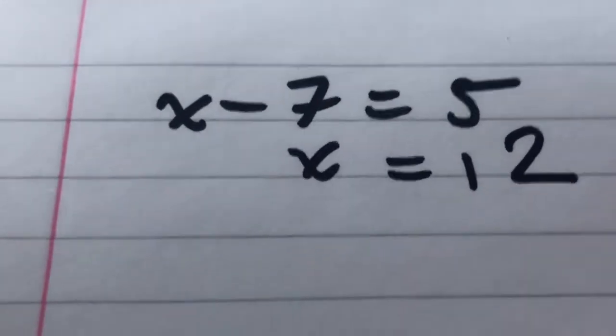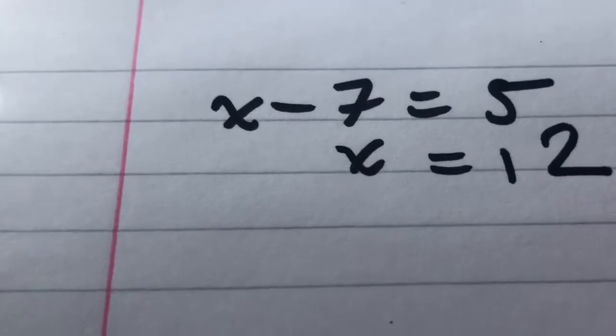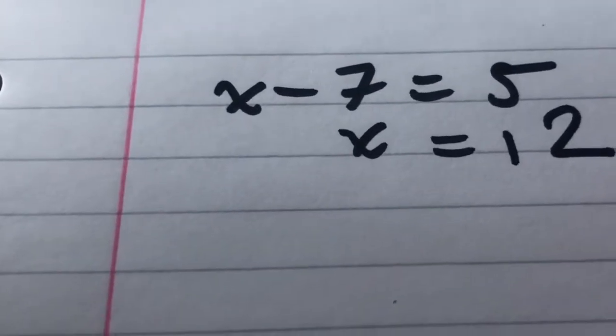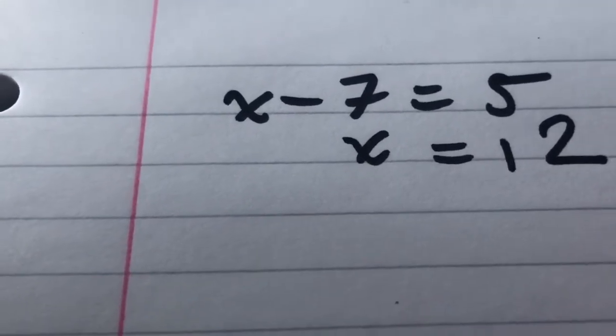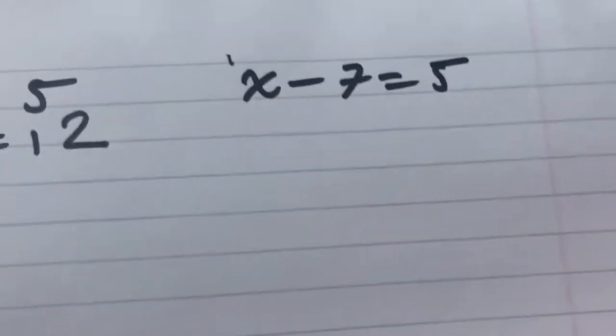Now, what I've said to you in class is, if it helps, if it's complicated, you can move things from one side of the equation to the other, provided you change the sign in front of it. So if you were less sure about that, you could start with the same thing: x minus 7 equals 5.